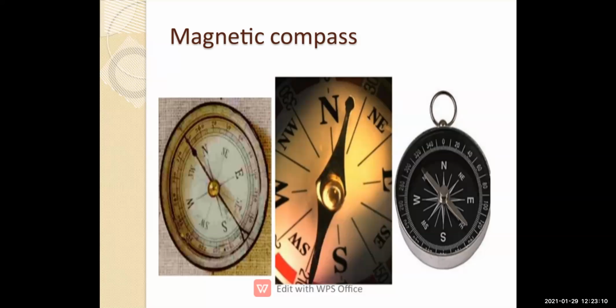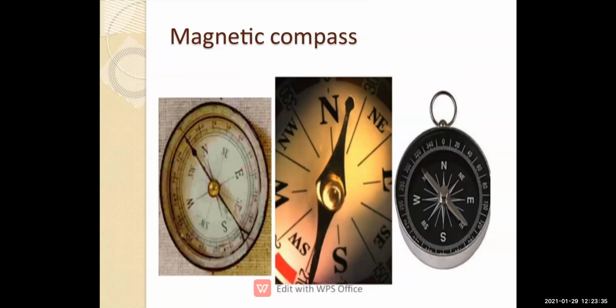Now when this lodestone was freely hung, which means it was tied with a thread, and that thread was attached to a rod, it showed the direction of north and south. So the magnet was freely rotating and showing the directions north and south.